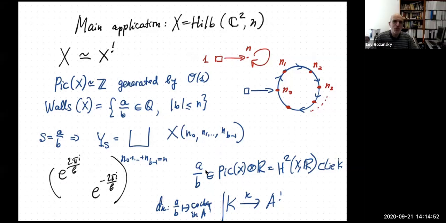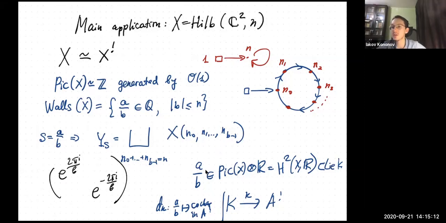I mean, somehow you relate the property of the slope A over B on one side with the whole variety, which is the Hilbert scheme over the A_B singularity. Yes. Maybe it's easier to first relate if we consider shifts in just equivariant variables, and we don't need the dual variety.